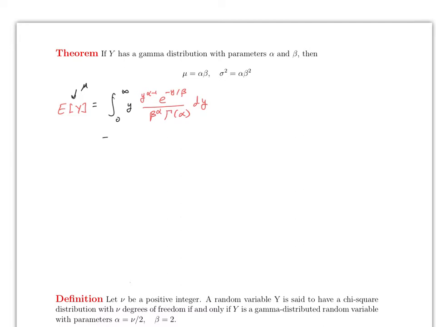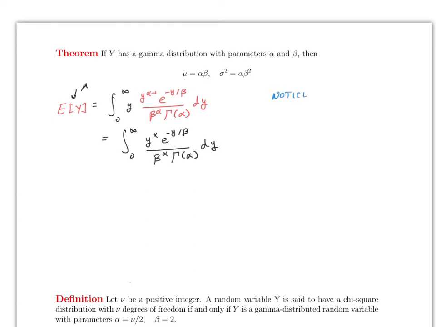Okay? So if you combine these two, then this will be the integral from 0 to infinity of just y to the alpha e to the minus y over beta, divided by beta to the alpha, and then gamma of alpha, dy.